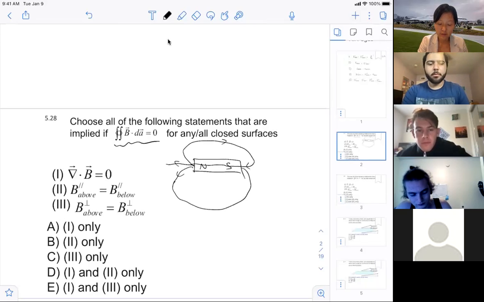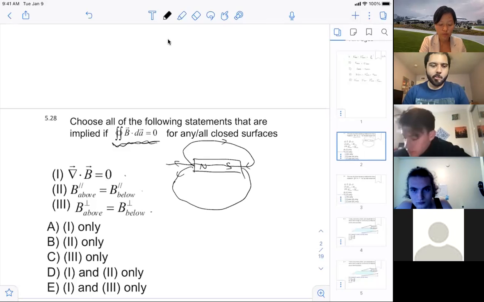So if you look at the flux through a closed surface, you always have an equal number of field lines coming in and coming out, so the total flux is 0. So which one, or two, of these is equivalent to saying the same information?